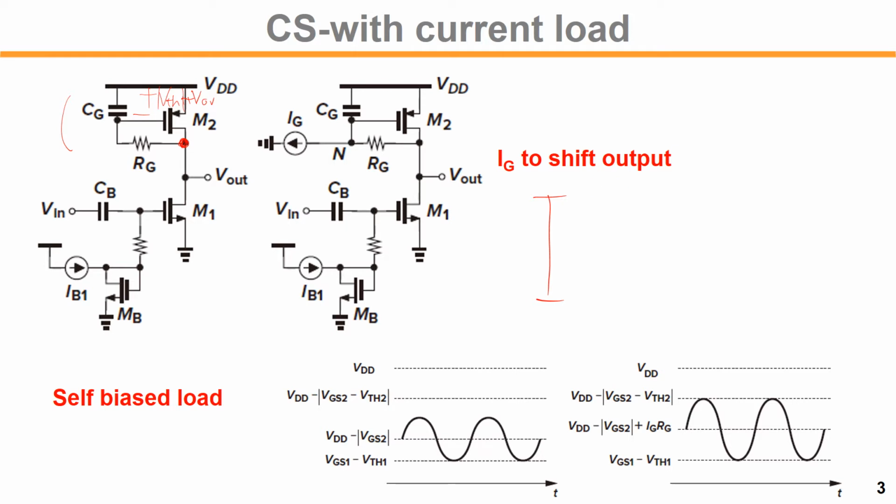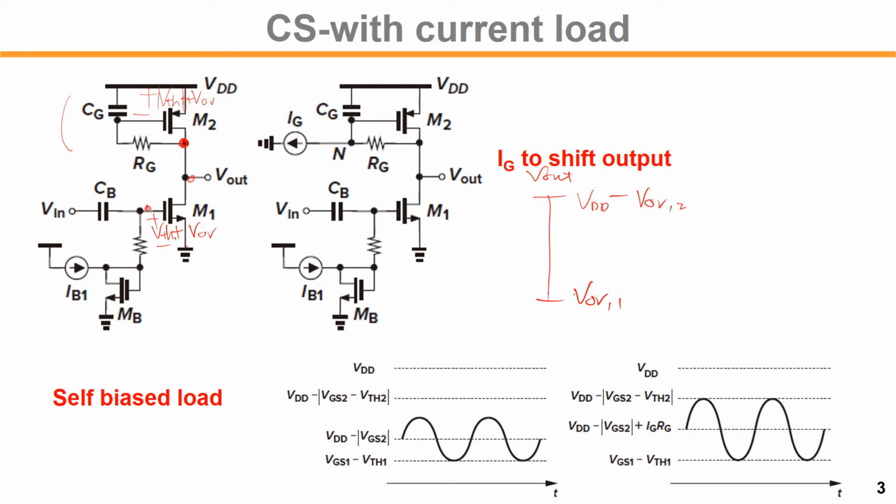The maximum Vout would be VDD minus the overdrive voltage, right? And the lowest voltage, if we have a similar overdrive for the PMOS and NMOS, let's say M1 also has a VGS of VTH plus overdrive, so the minimum voltage it can go down to is the overdrive voltage of M1. The upper part is the overdrive of M2, right? So this is the range.